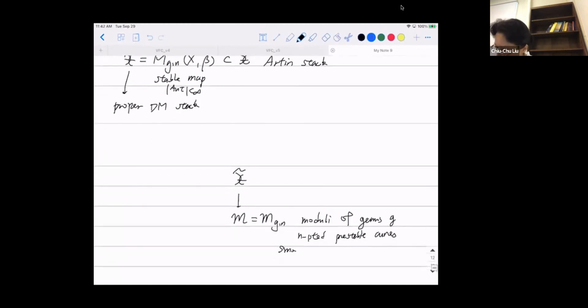This is a smooth Artin stack of dimension 3g minus 3 plus m. This is virtually smooth.